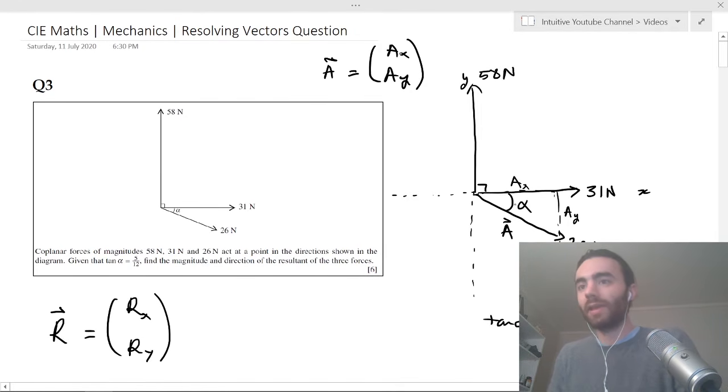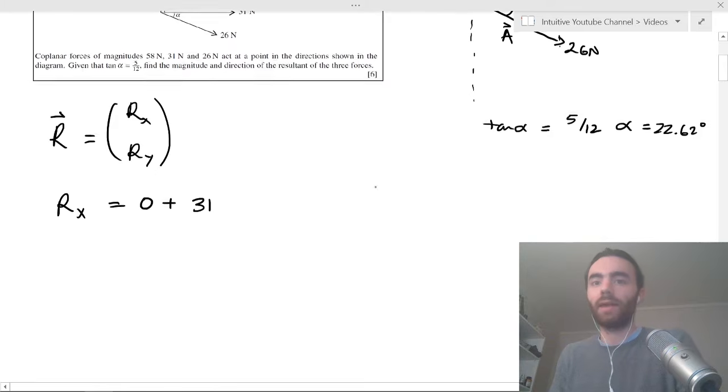So how do we find this ax? Well, we have opposite, adjacent, hypotenuse. We can say that cos of alpha equals the adjacent, which is the ax, divided by the hypotenuse, which is 26. So that gives us an equation for ax.